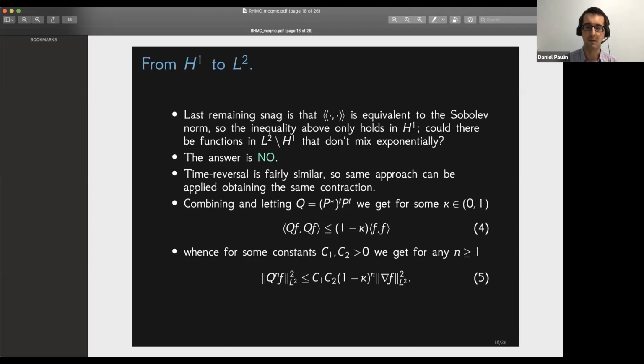It's possible that you could push the argument using the Sobolev norm a little bit further by using a Poincare inequality instead of just strong convexity, but we didn't pursue that in the paper.